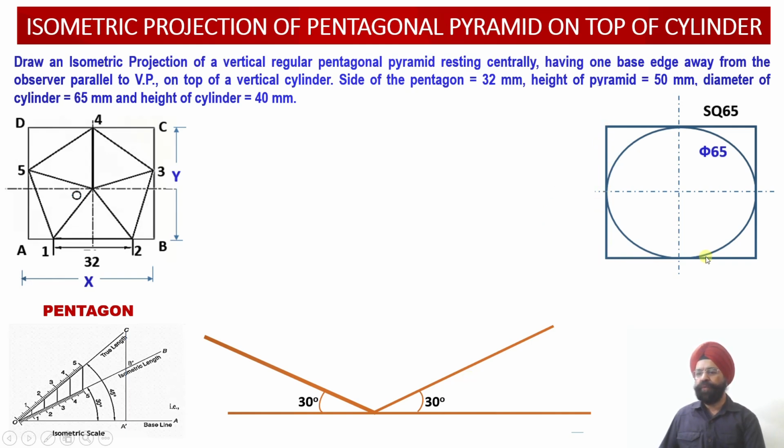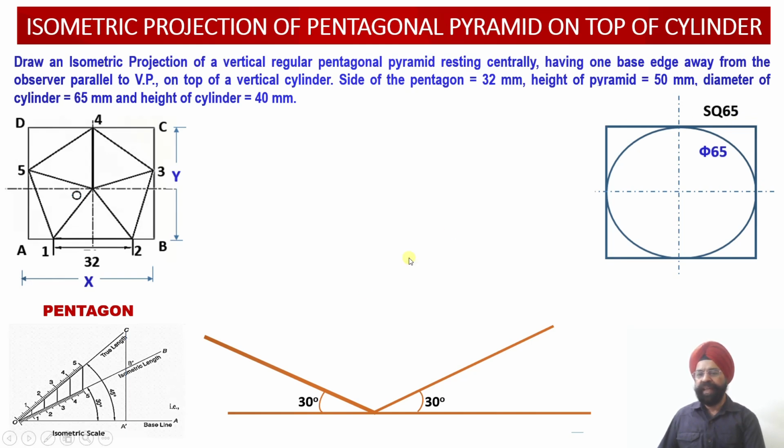Since this is the cylinder that we need to draw first of all, and this cylinder is resting upon its base, which is a circle, in the horizontal plane, we are required to draw this square base onto the x and z planes.